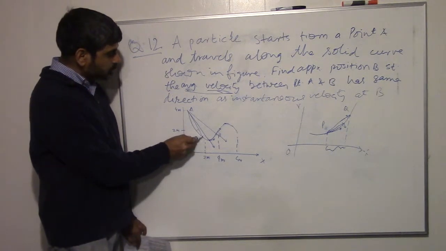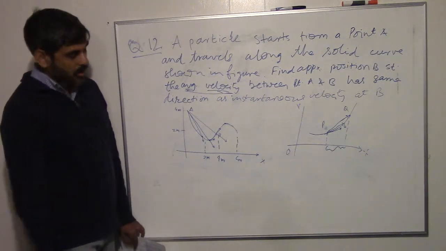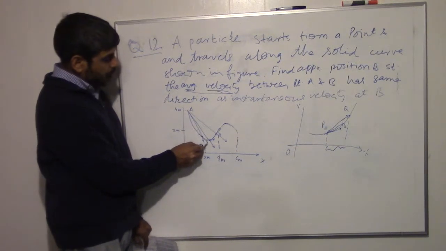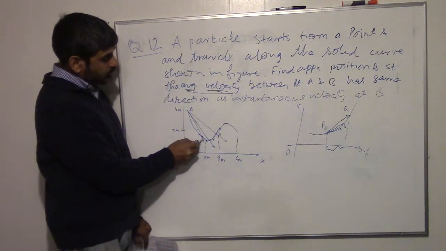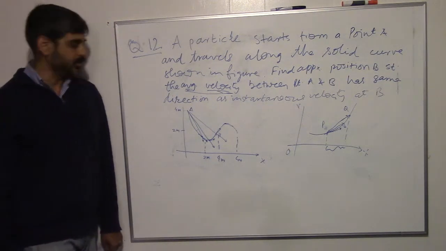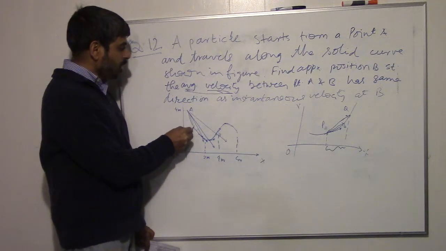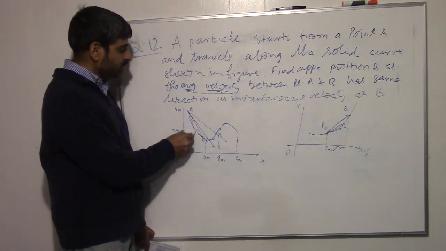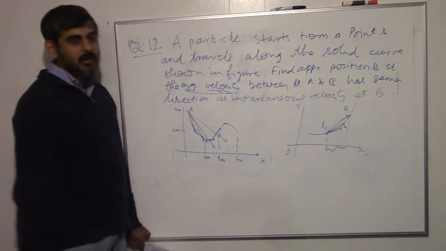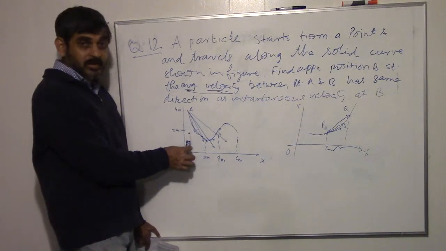I join this point, the direction of the average velocity is along this direction, and the instantaneous velocity is this. The gap between them has reduced, but there is still a difference. If I move to this point and join, the gap in the direction is about the same, but still they are different.